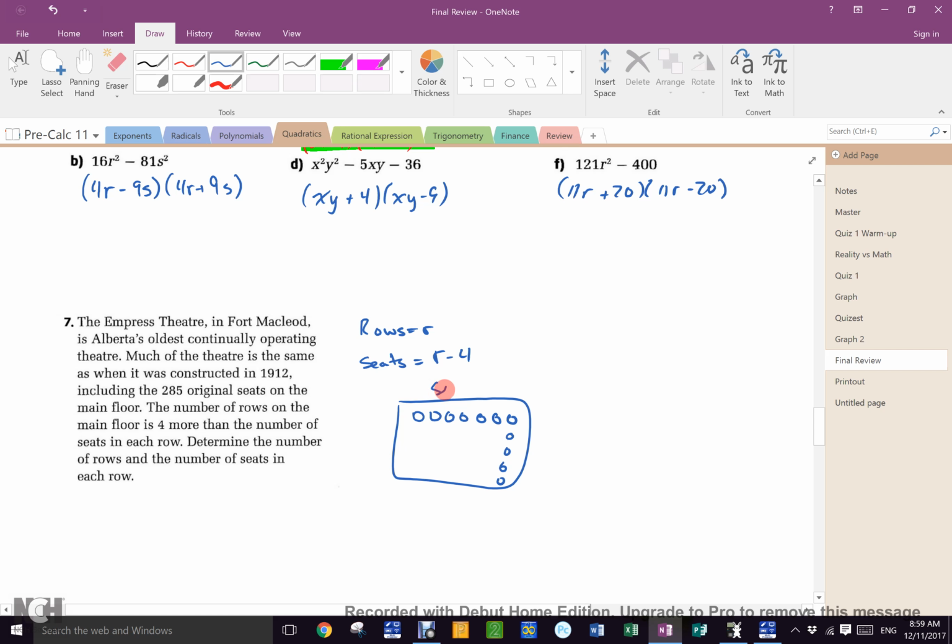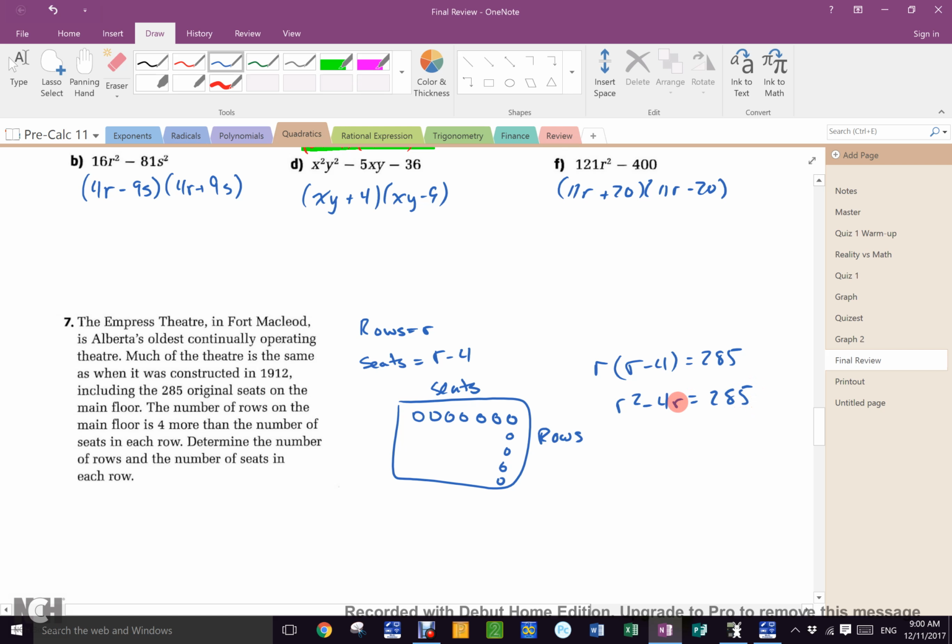So this is the seats, and this is the rows, right? So what are the seats? R minus 4. What are the rows? R. Length times width equals what? Area. And what's the area of seats? 285. Solve it. R squared minus 4R equals 285.